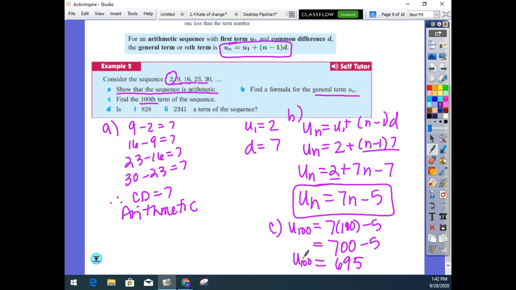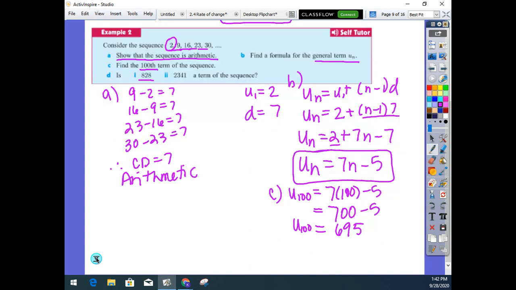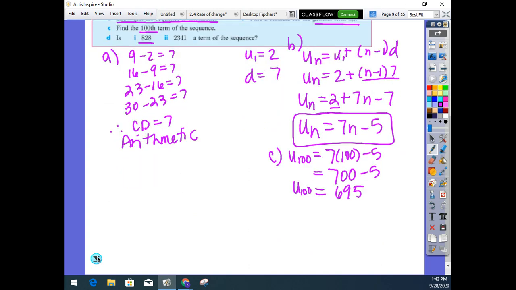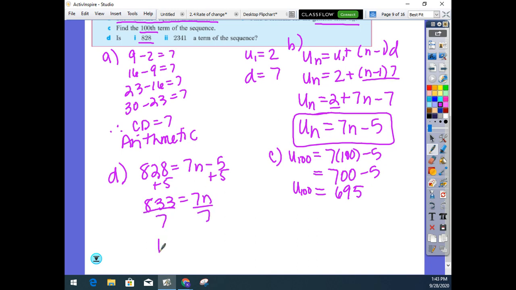The question is 828 and a term, a final term? That means this number here. So can I get 828 from this formula? Well, if we add 5, divide by 7, I need n to be a whole number.